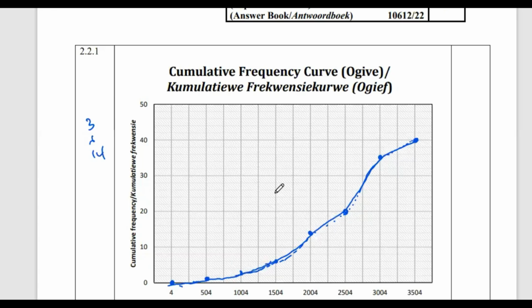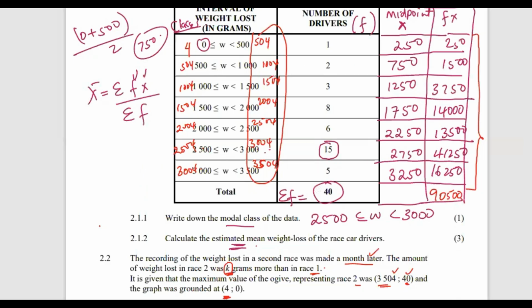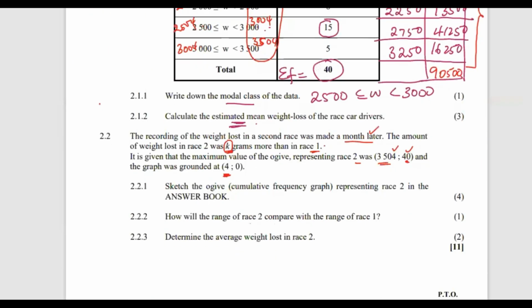Something like that. Okay. Then they're asking us how the range of race 2 will compare with the range of race 1.